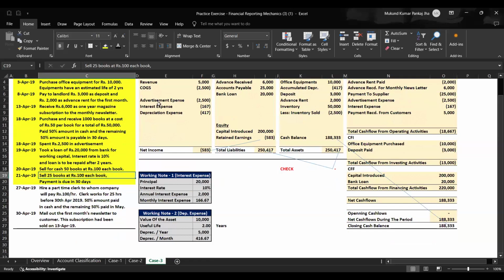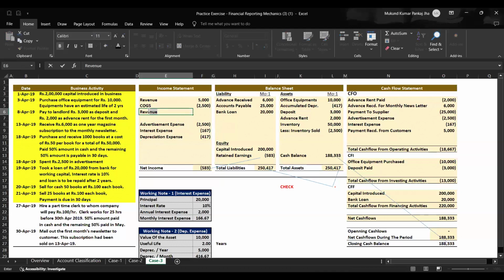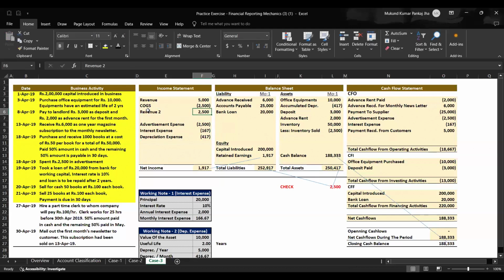Sell 25 books at rupees 100 per book. Revenue 2: 25 books into 100 per book.